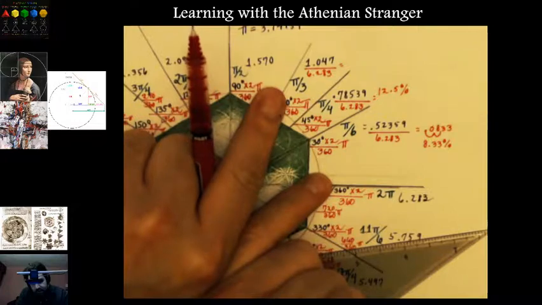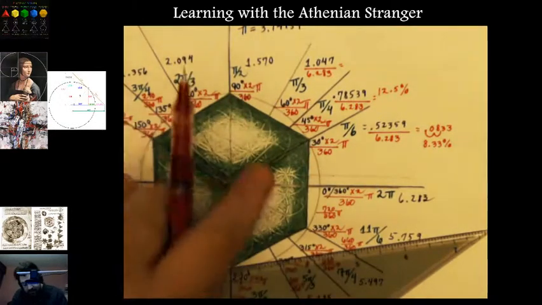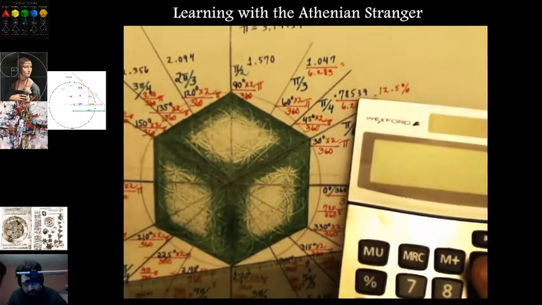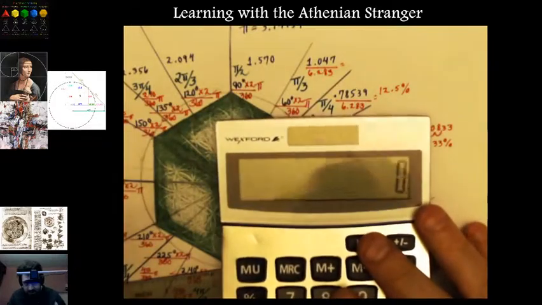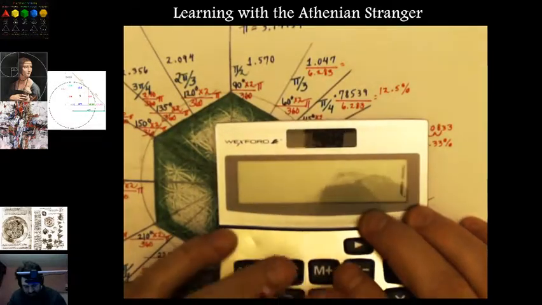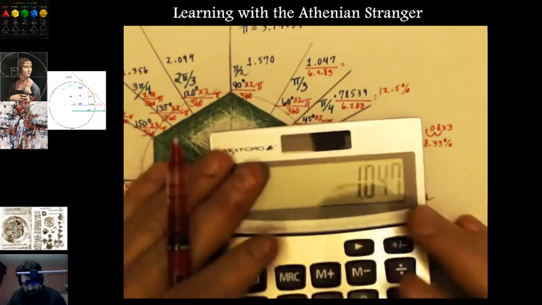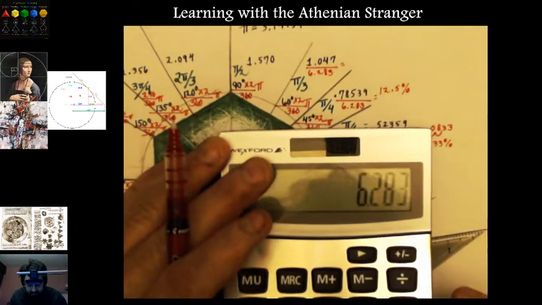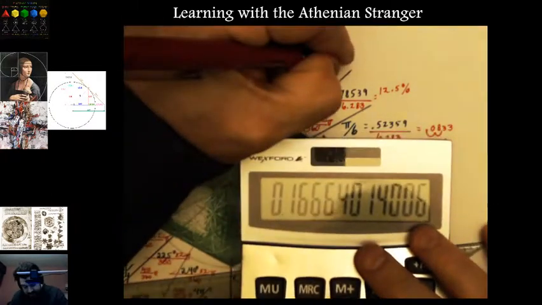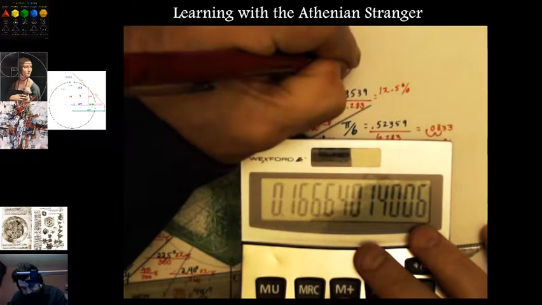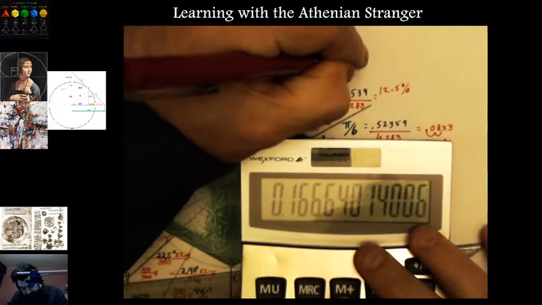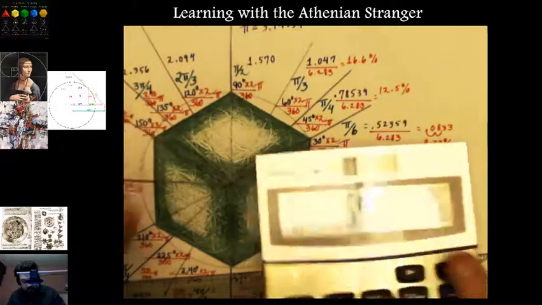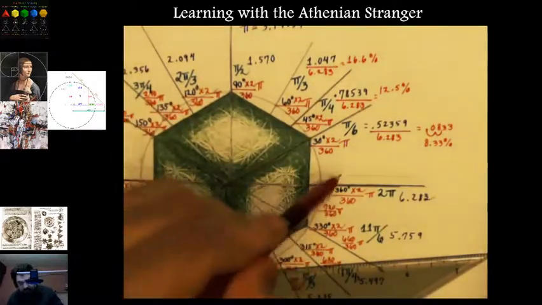That chunk of arc cut off by 60 degrees. That's the question I'm asking. It's always important to ask the question out loud, because if you can actually say the question, you're on your way. So 1.047 divided by 6.283 equals 16.6% of the total circumference of the circle.